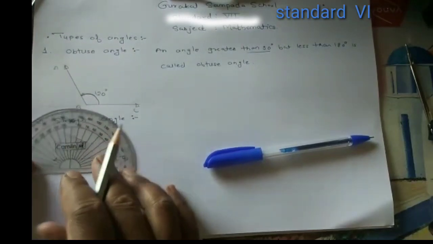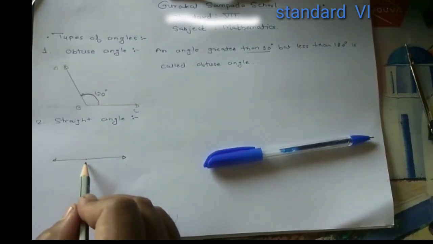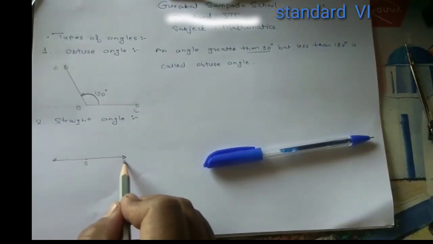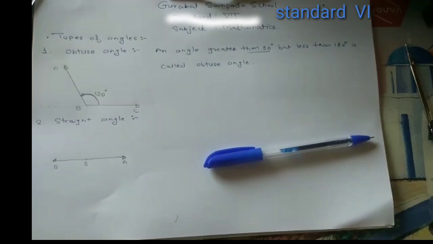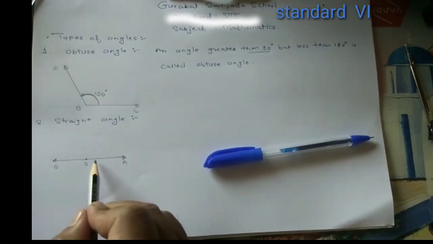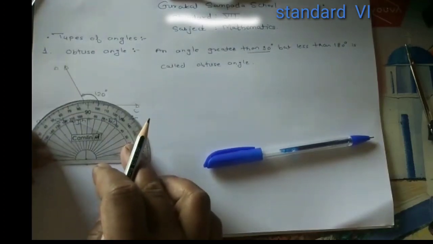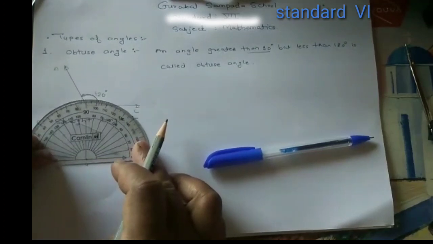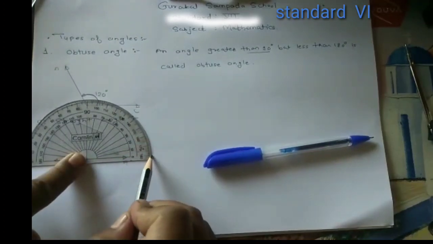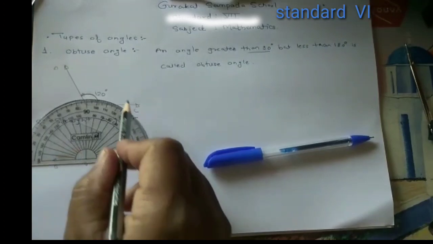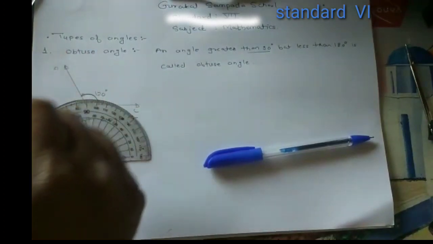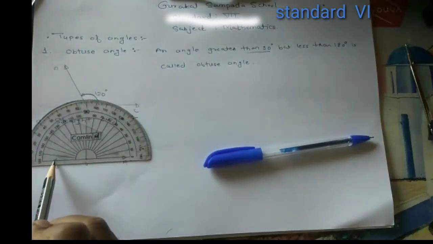Now suppose this is angle OAB, which starts from O to A. We start to measure from this 0, then come like this in the anti-clockwise direction, and here is the end point.